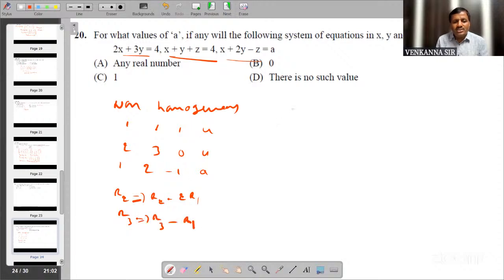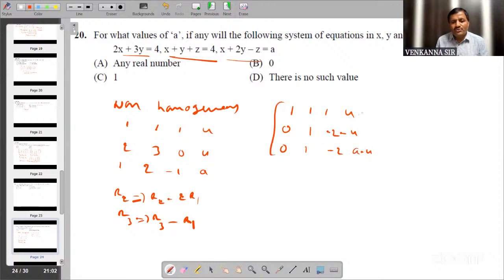This reduces to 1, 1, 1, 4. These two are zeros. R2 minus 2R1: 3 minus 2, 1; minus 2; 4 minus 8, minus 4. What is the result of this one? R3 minus R1: 1, minus 2, and A minus 4.